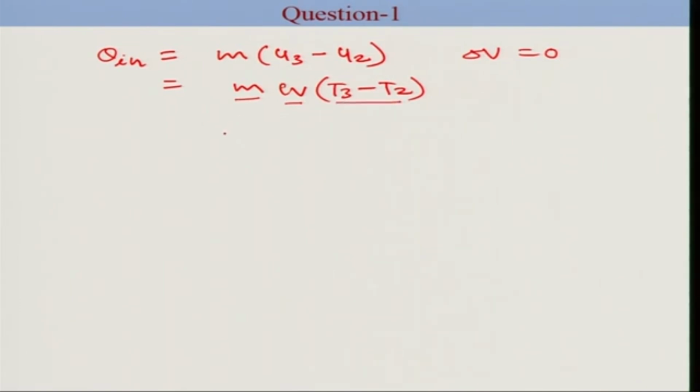Now, from the ideal gas equation we can get m equal to P1 V1 upon R T1.